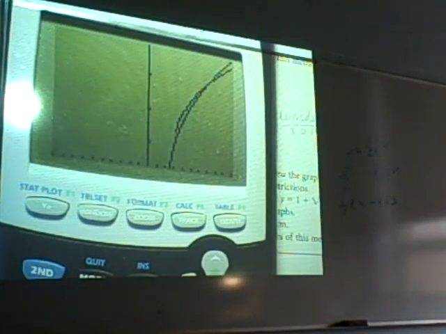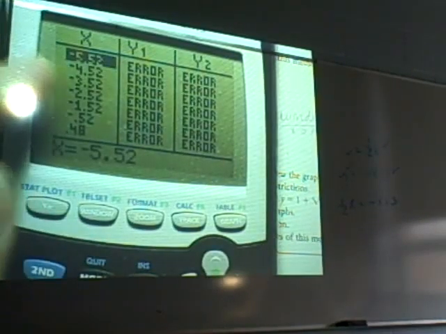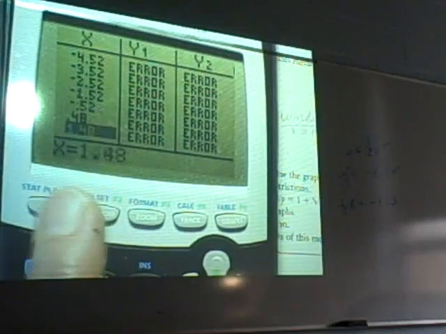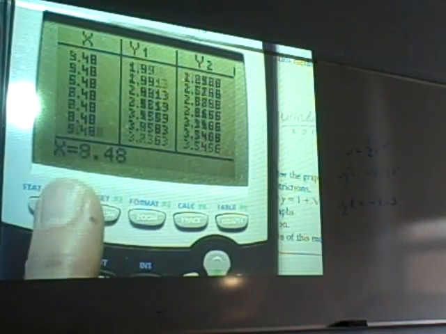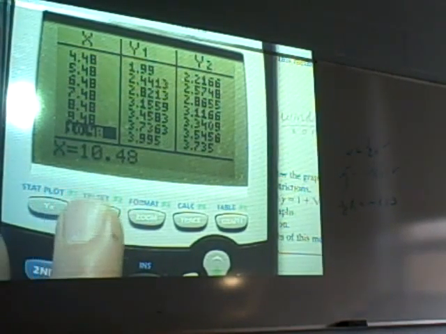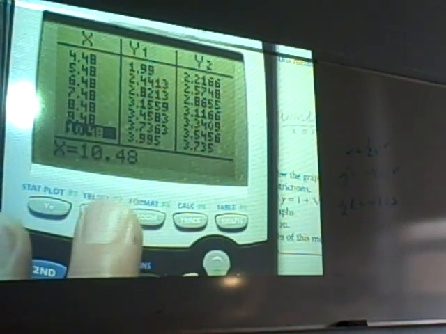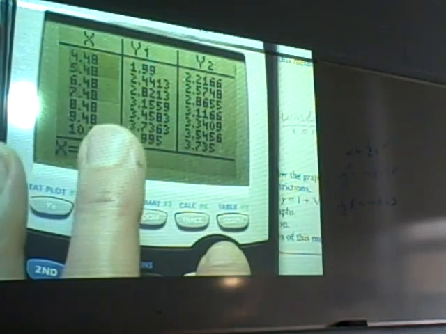So what I need to do in my table, I'm going to go back to that, and I can see all these negative numbers. I want to scroll over to what? And all of a sudden I can see that there are numbers that are positive, right?